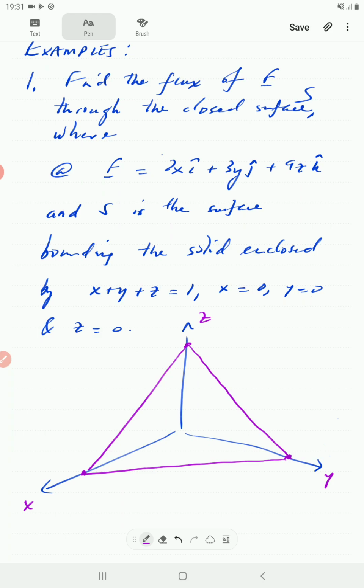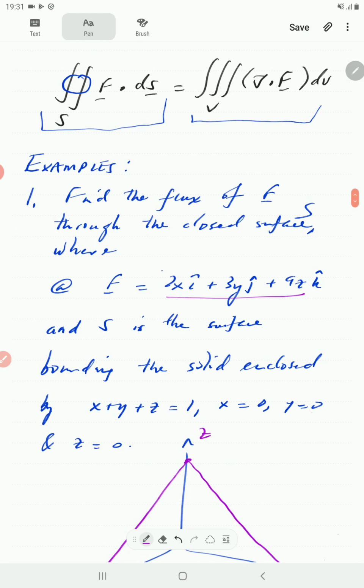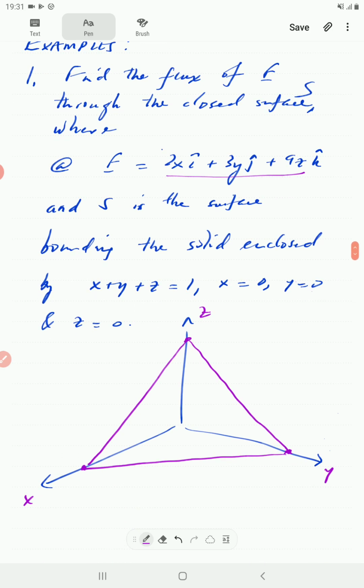So the flux of this force field through the surfaces of this prism, we are going to evaluate by working out the volume integral of the divergence of F.